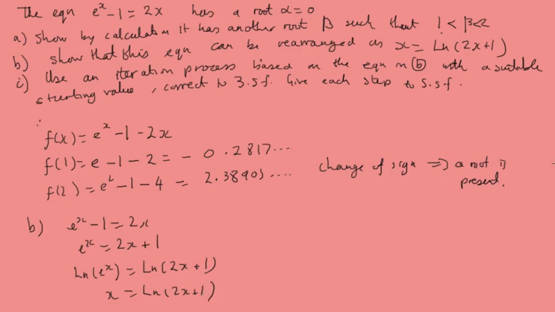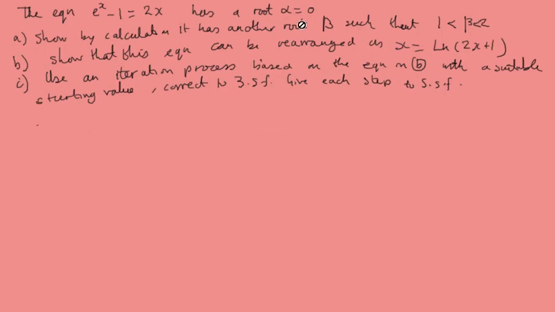Now, let's go on to the final part of this. So C. So we've got a suitable iterative formula of x_(n+1) equal to log of 2x_n plus 1. And let's make our starting value halfway between the two. So x1 is going to be 1.5.